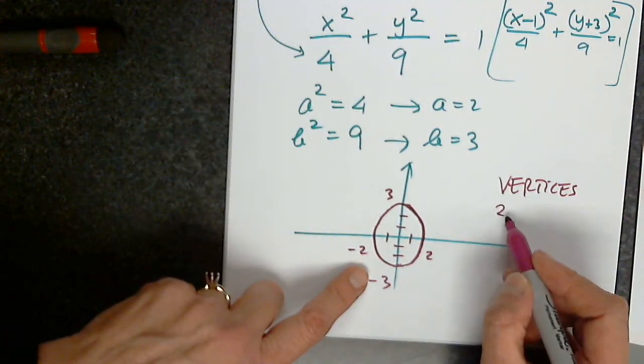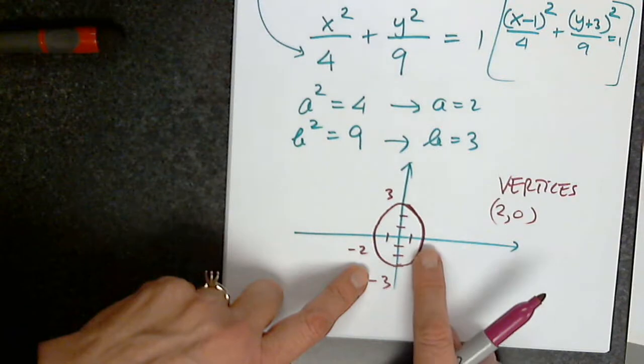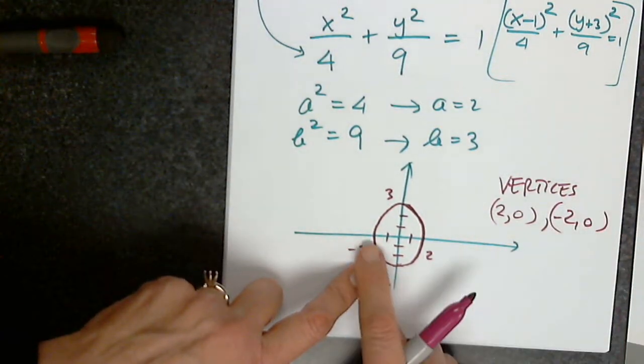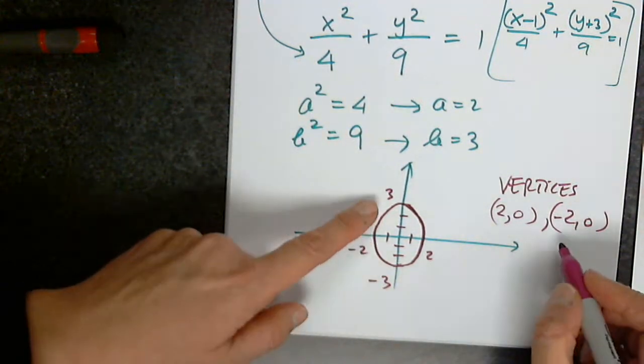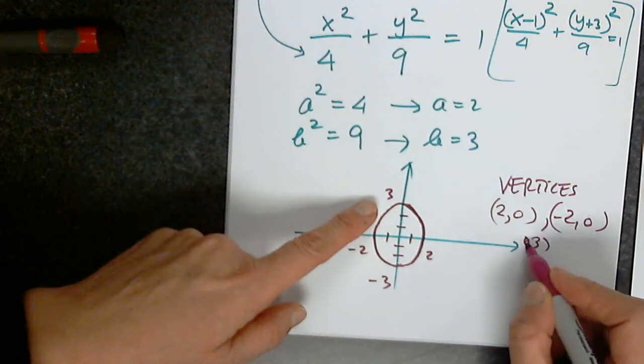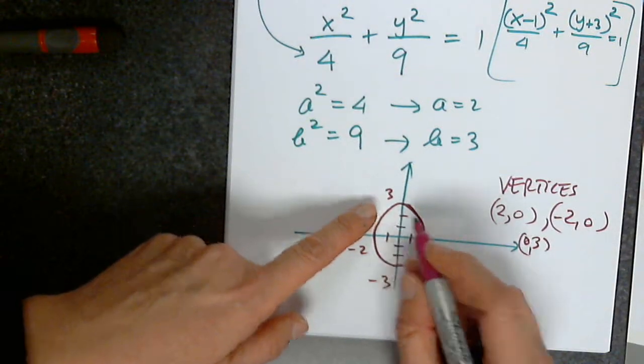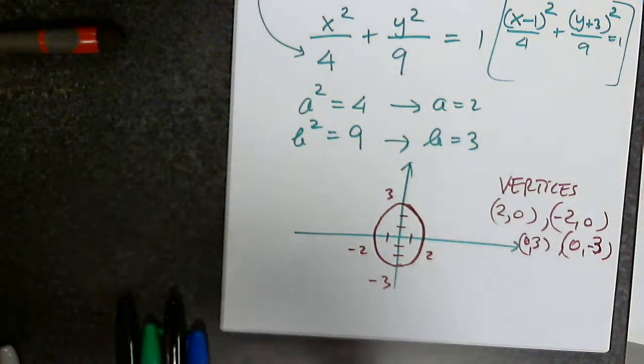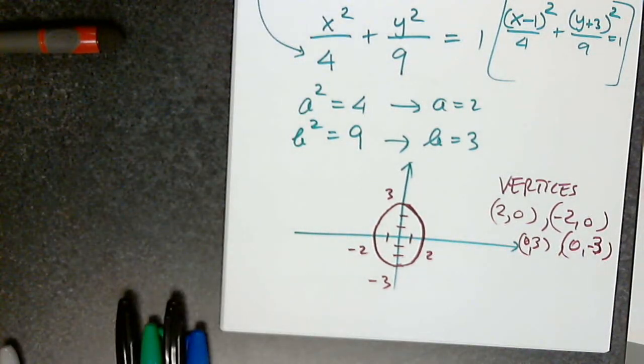You will say 2, 0 is one vertex. You will say -2, 0 is the other vertex. You will say 0, 3 is one. And you will say 0, -3 is the other. Acceptable?